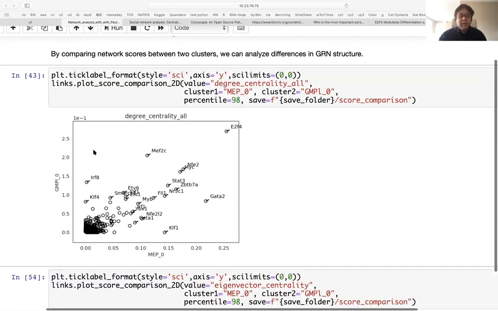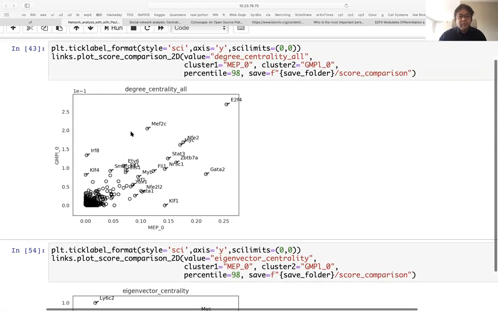But here, if you compare the score over the many clusters, you can know which is important in the specific cluster.